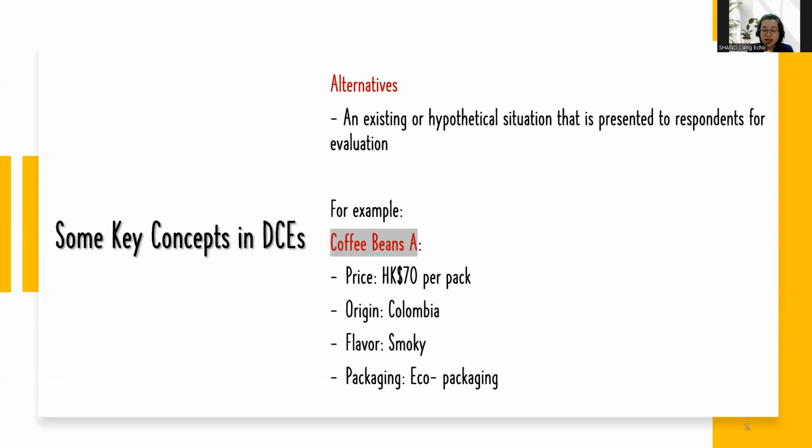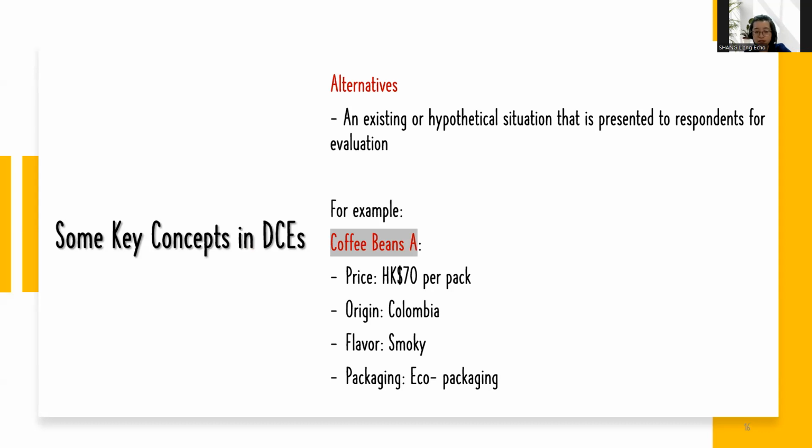And next is alternative. After having attributes and attribute levels that we use to describe a certain product, an alternative is an existing or hypothetical situation that we present to our respondents in a discrete choice experiment questionnaire. For example, now we have coffee beans A, and we have different attributes that we use to describe this product.